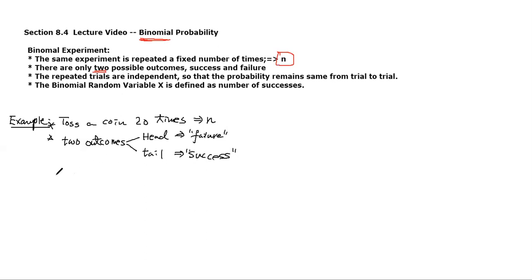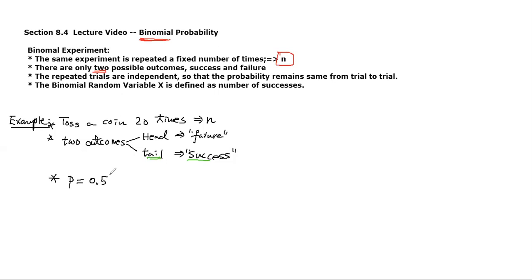Condition number 3 says the repeated trials are independent, so the probability remains the same from trial to trial. What does that mean? Since we defined getting a tail as a success, the probability of success, I use p. I know the p to get a tail is 1/2, so it's 50%.